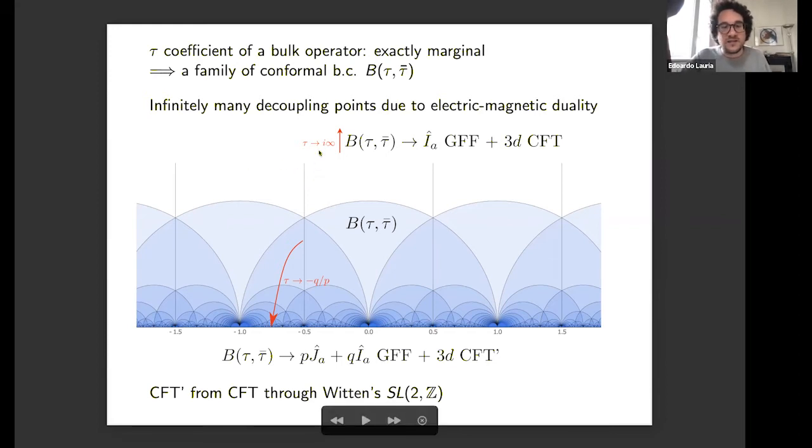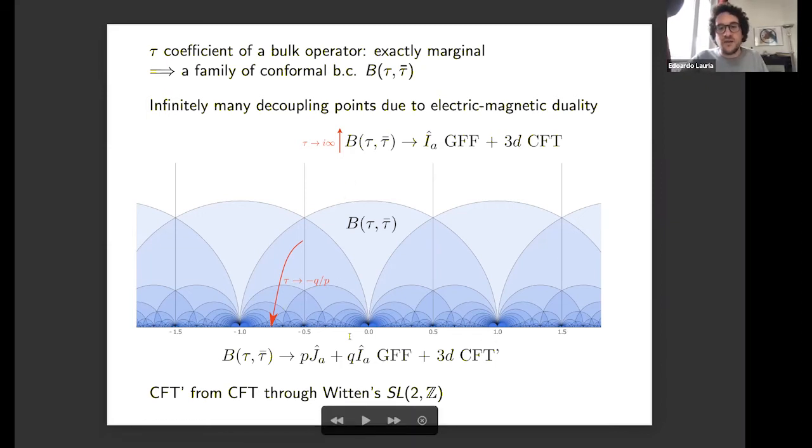And it turns out that if you now set tau to minus q over p, where q and p are coprime integers, this seems to be a perfectly fine point where there is no decoupling. But in fact, this is precisely hitting the pole of this SL2Z transformation, so that this point corresponds to a certain tau prime going to i infinity in some other duality frame.